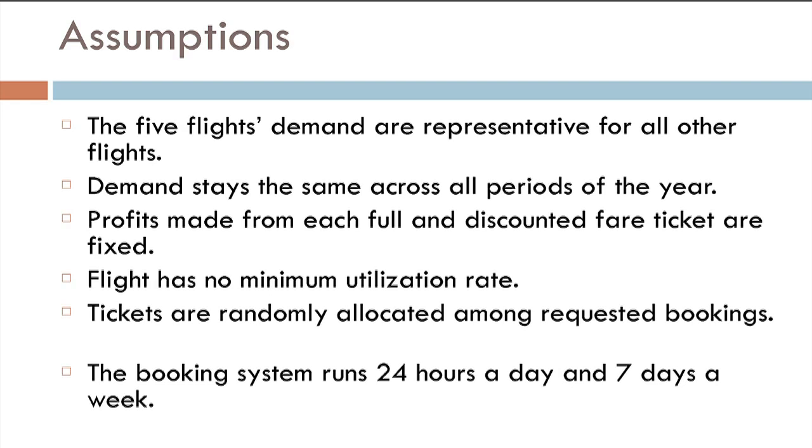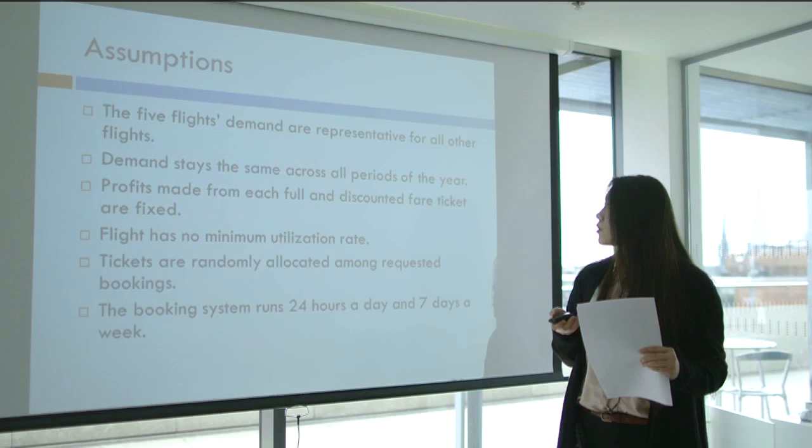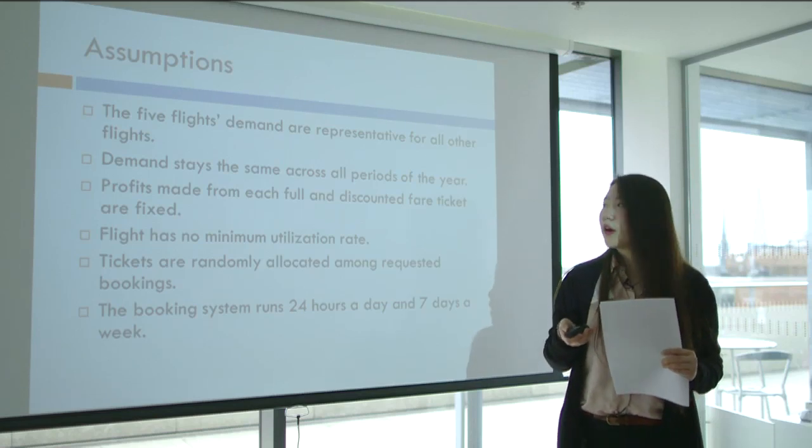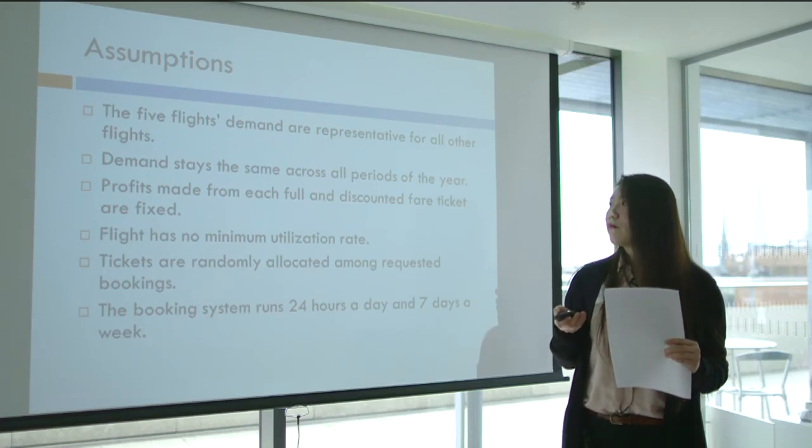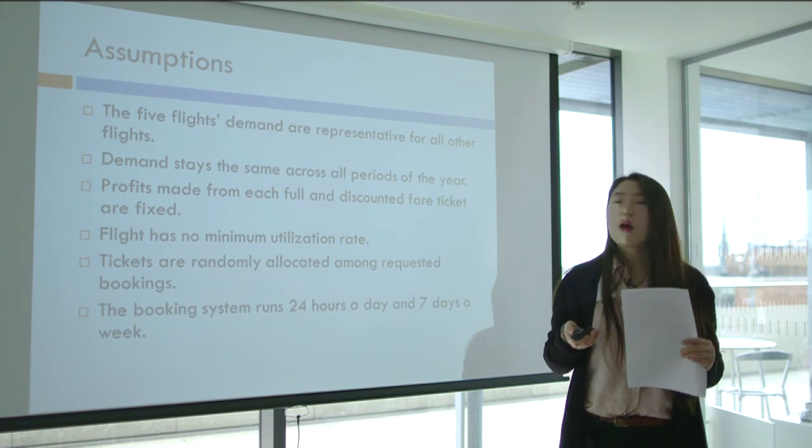This might sound a little unrealistic because for airline companies there will always be hot seasons for traveling and other periods when demand isn't as high. But as we assume the inter-arrival rate is the same across all periods of the year, it doesn't matter whether the demand changes.